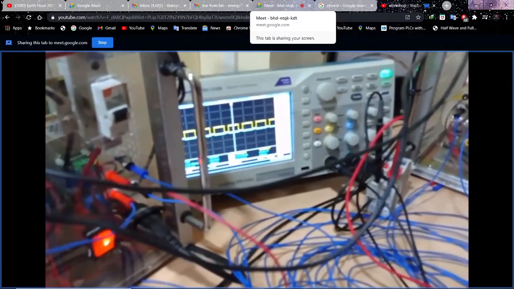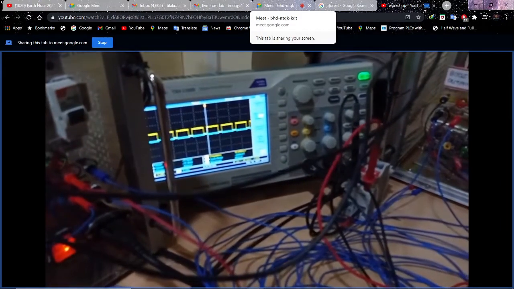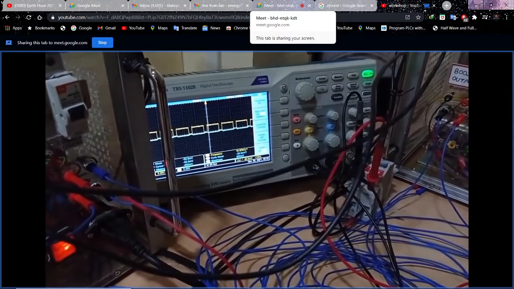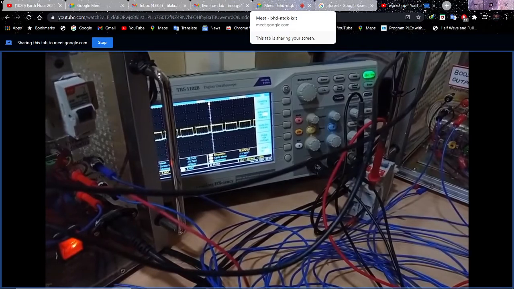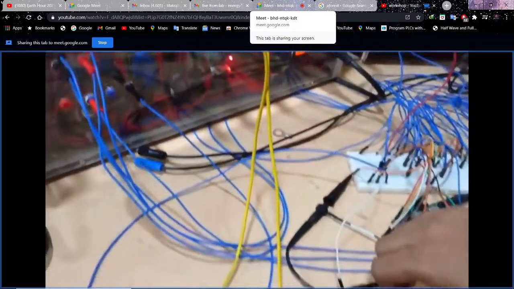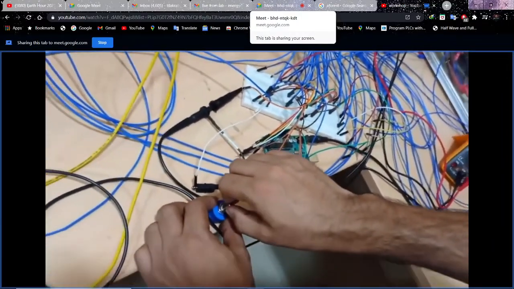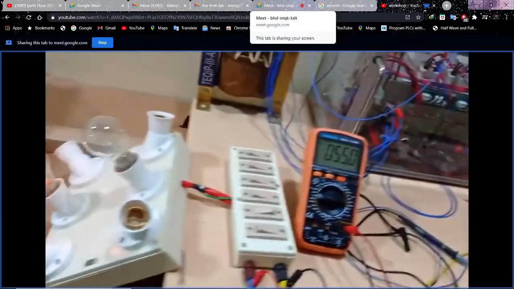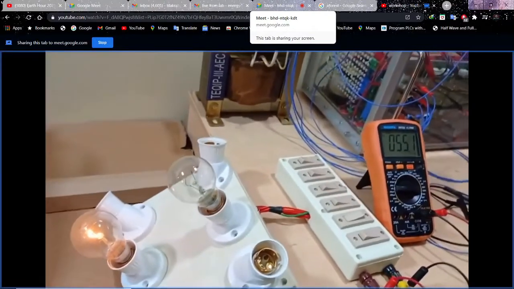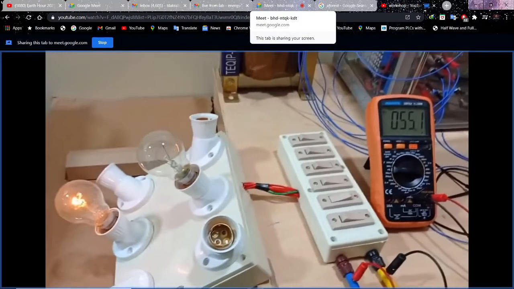We have increased to around 82. Around 90% we have increased the duty cycle. Now you can see the illumination has significantly increased. Voltage has reached 55 volt.